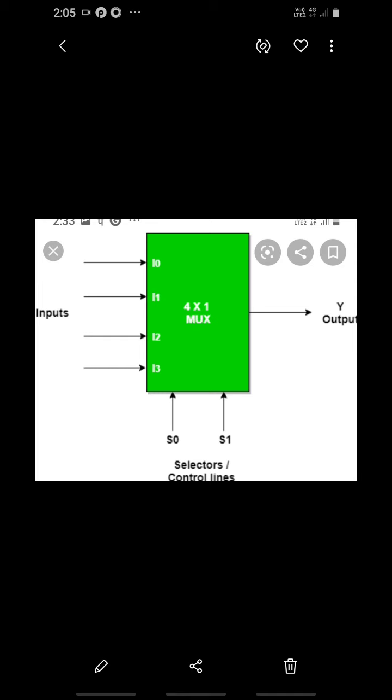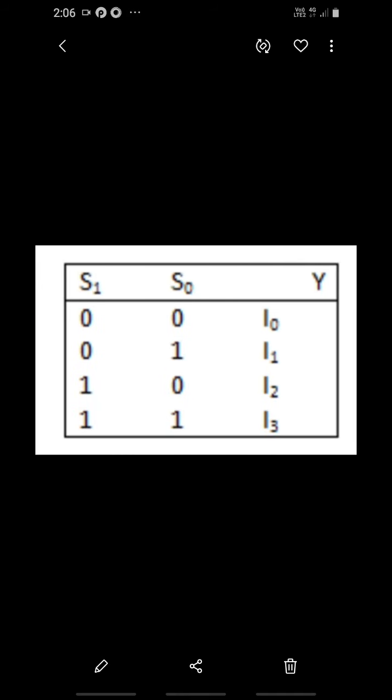In the 4 into 1 multiplexer, I0, I1, I2, I3 are the inputs, Y is the output, and S0 and S1 are the selectors or control lines. The truth table of the 4 into 1 multiplexer is shown in the above PPT. Here S1, S0 are the control inputs, Y is the output.